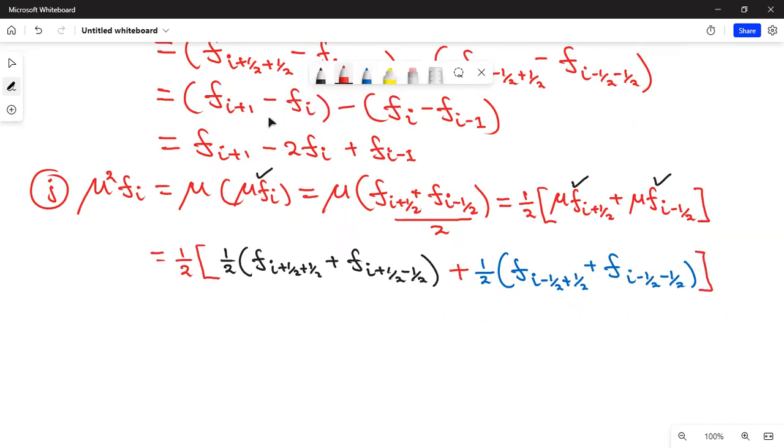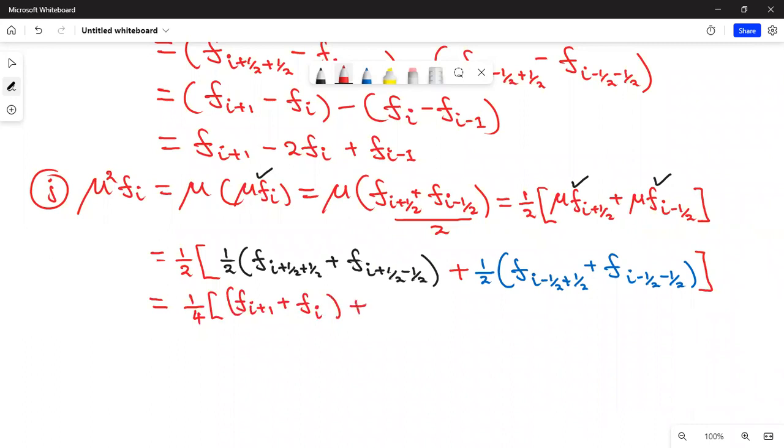And now we are able to simplify. So we can write this equals 1 over 2 into, of course I can factor out 1 over 2 because I can see there are 2 of them. So that will give us 1 over 4 outside. Inside we have f of i plus 1 plus f of i, that is the first bracket.